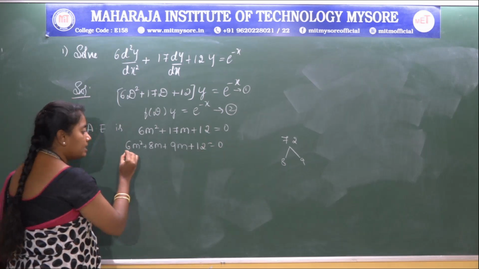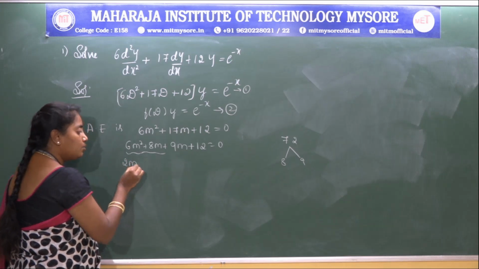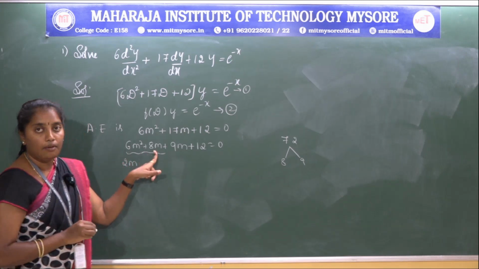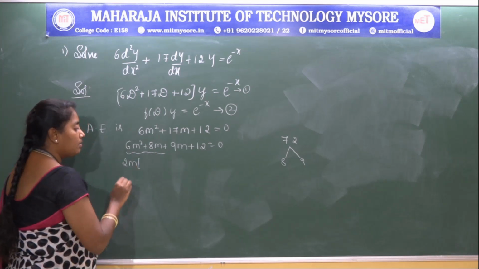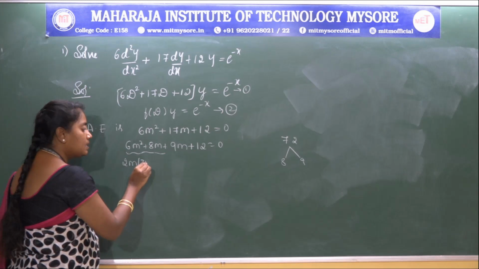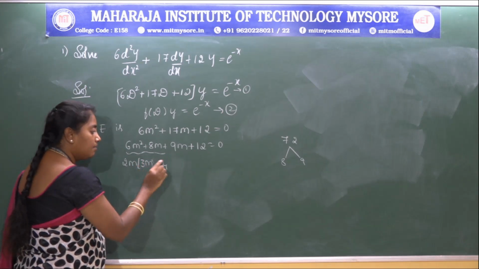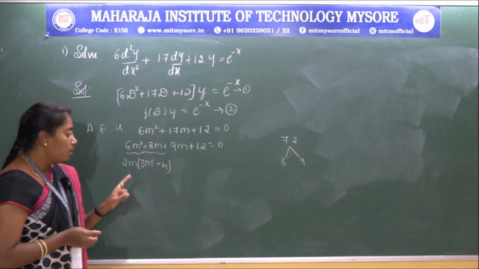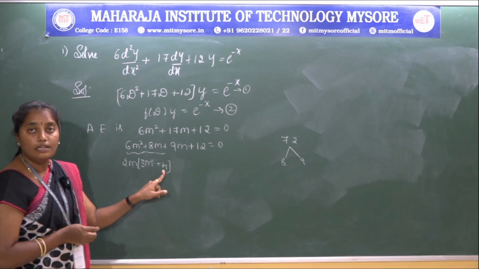On simplifying this, in the first two elements, 6 and 8, the common term is 2m. On taking 2m as common term, the remaining element is 3m plus 4.